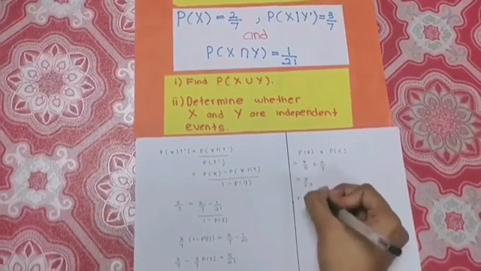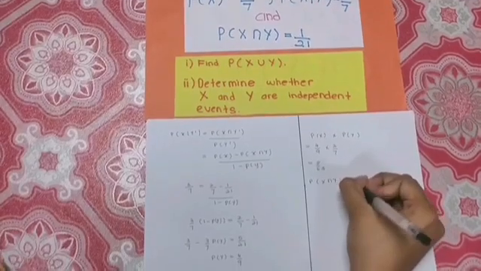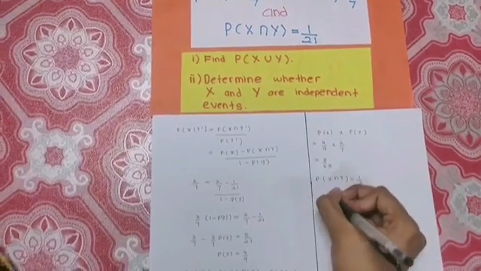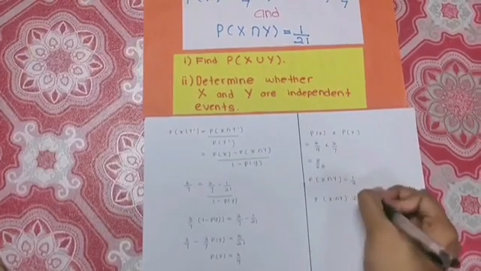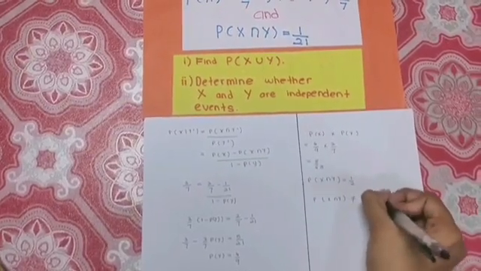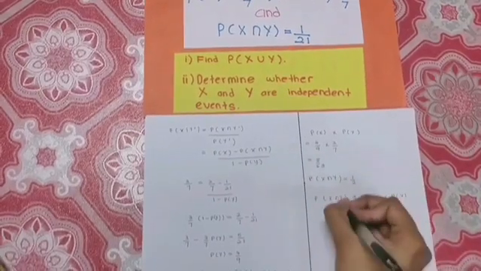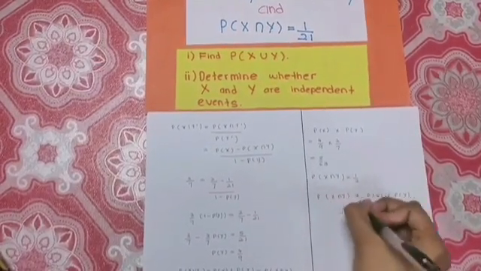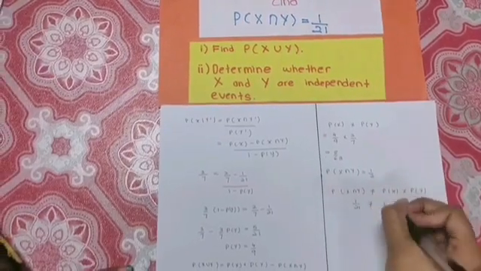Probability of x intersect y is 1 over 21. Probability of x intersect y is not equal to probability of x times probability of y, since 1 over 21 is not equal to 8 over 63.